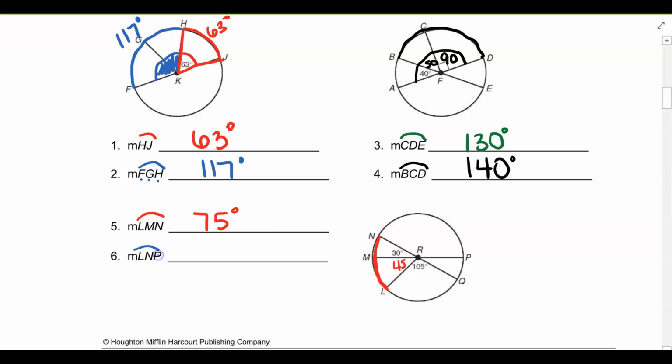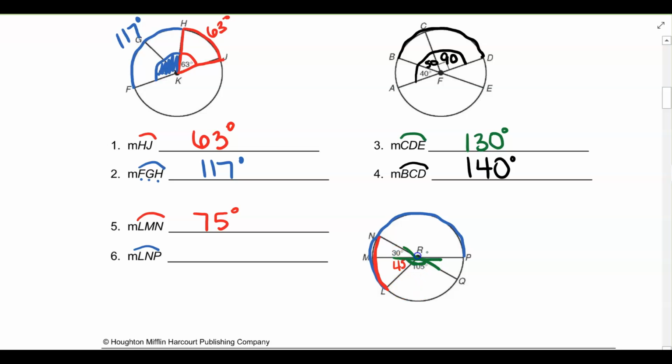Arc LNP, so going from L to P by passing through N. I want to figure out what all of that combined is. So I have a couple of options here. I can acknowledge that we technically do have vertical angles.